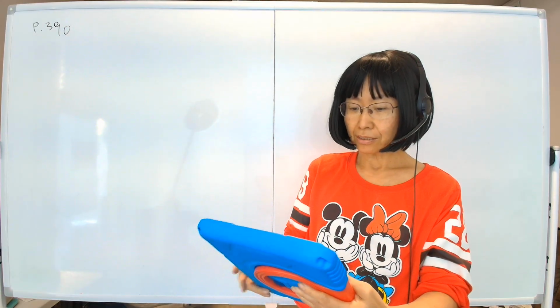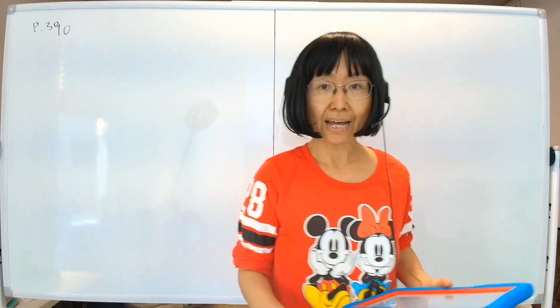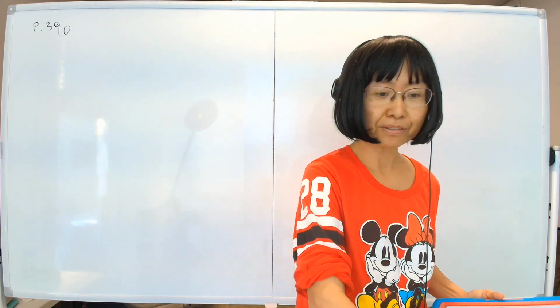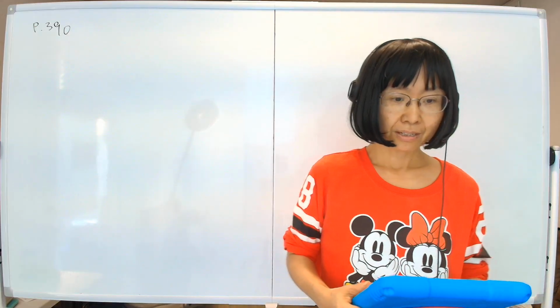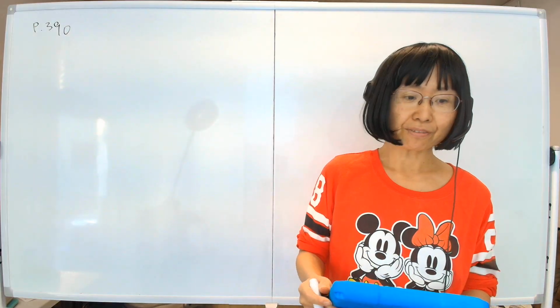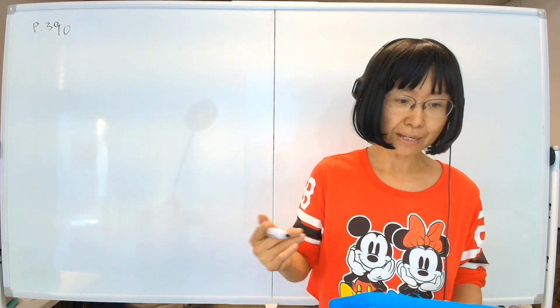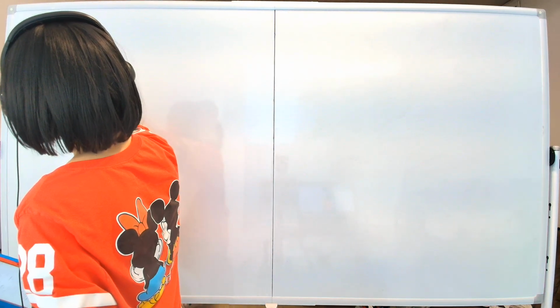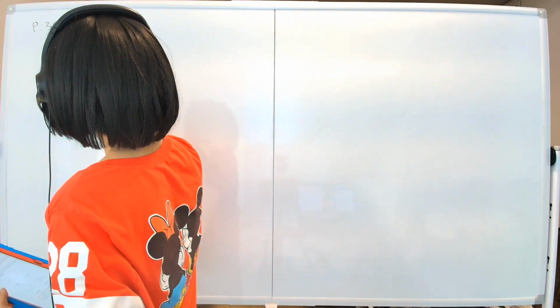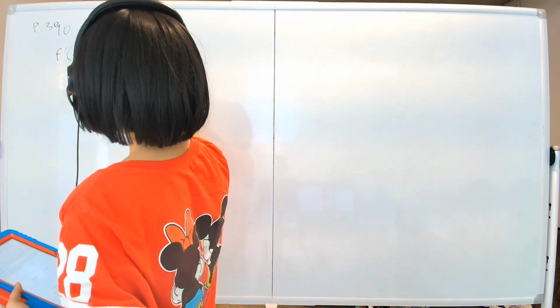Now, the first thing we need to remember is corollary 3 from the previous section, for increasing and decreasing functions. We basically learned that if f prime is bigger than 0, then f is increasing.